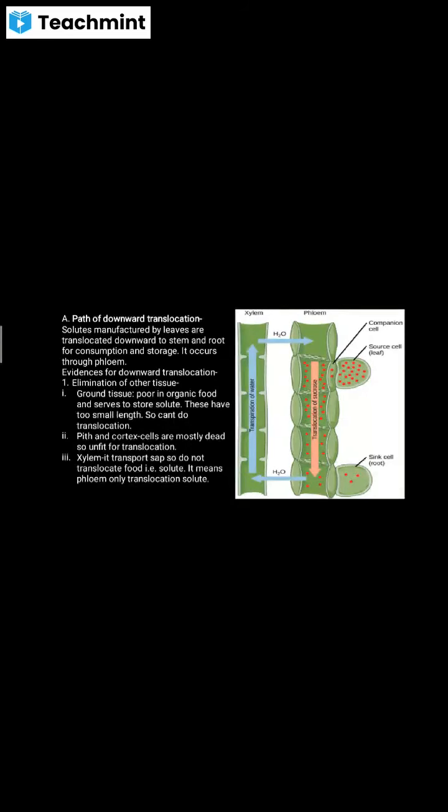As you know, in the stem at the center there is the ground tissue. These ground tissues carry poor organic foods and serve to store solids. They have small length, so they can't do the translocation.